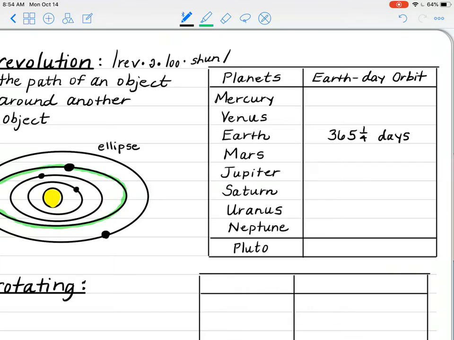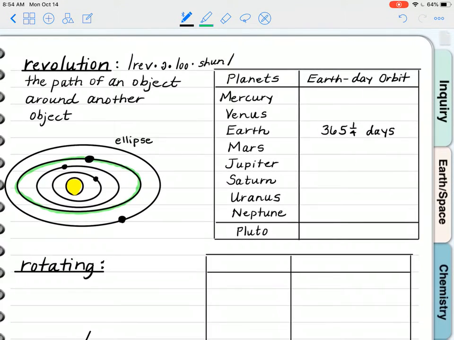So really what I'm saying here is that it takes 365 days and 1/4 of 24, which is 6 hours, for Earth to make that one full rotation. So when we look at these, Mercury and Venus have smaller orbits, so their numbers will be less than 365.